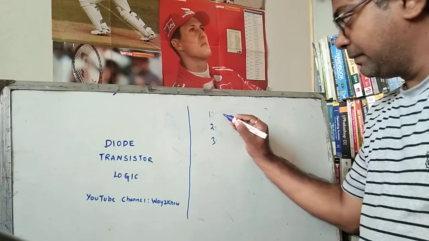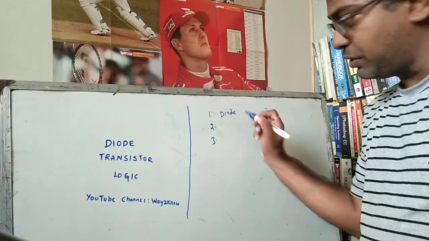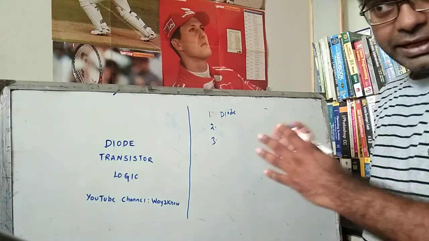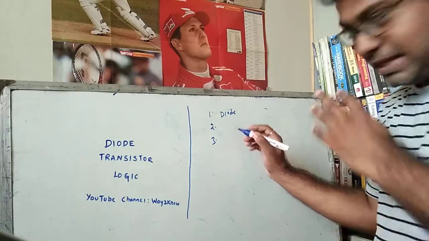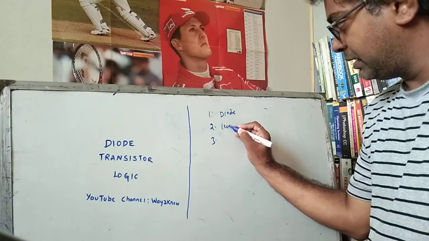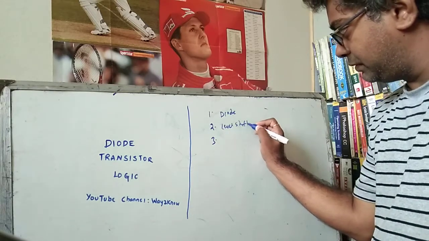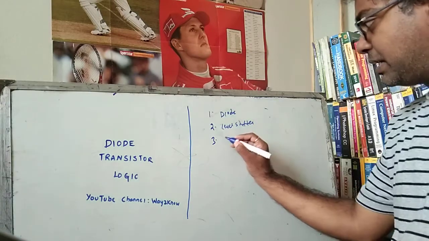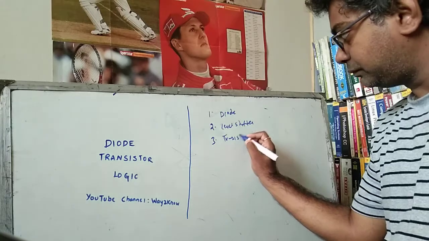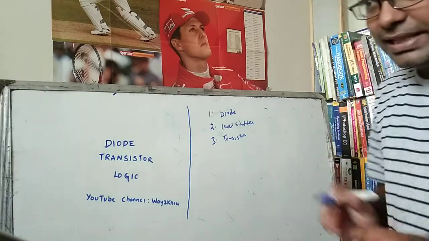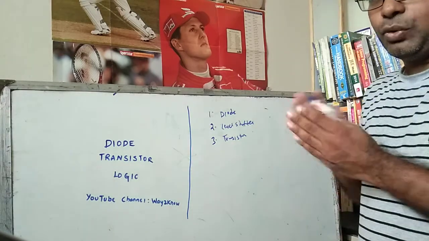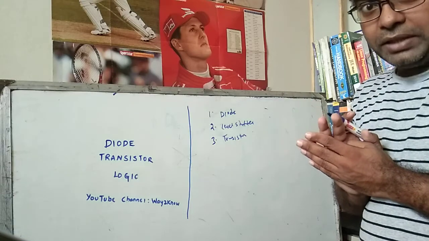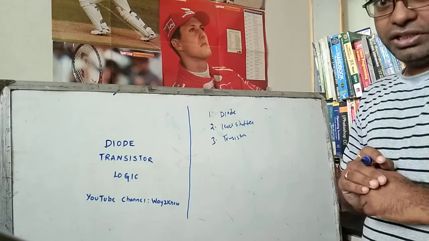One is the diode section, where there will be diodes associated with it, the second one is the level shifter section, and then comes the transistor section. So these three together form the diode transistor logic.